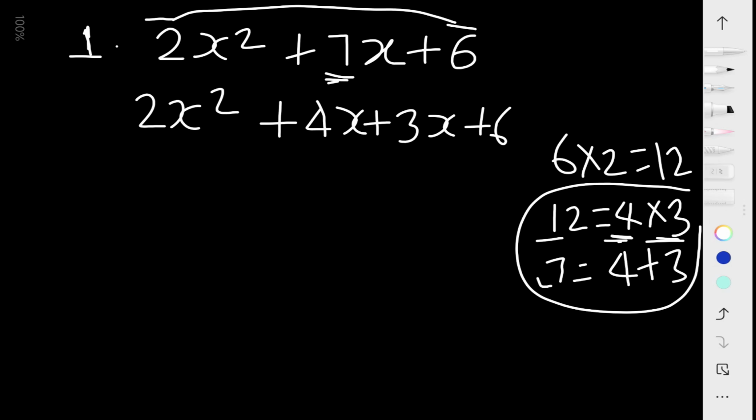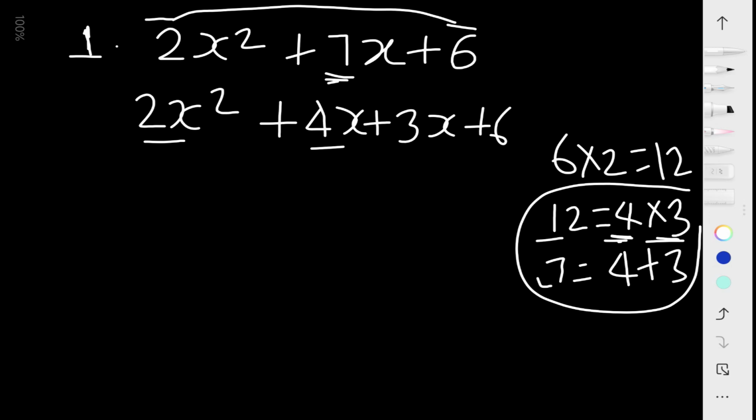Now you can understand what the logic is here. There is a common 2x, and 2 into 2 is 4x, so 2x is also common.